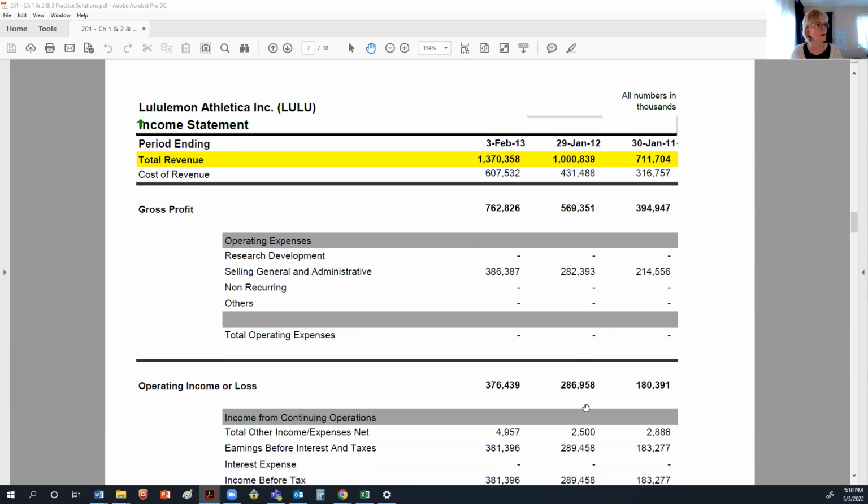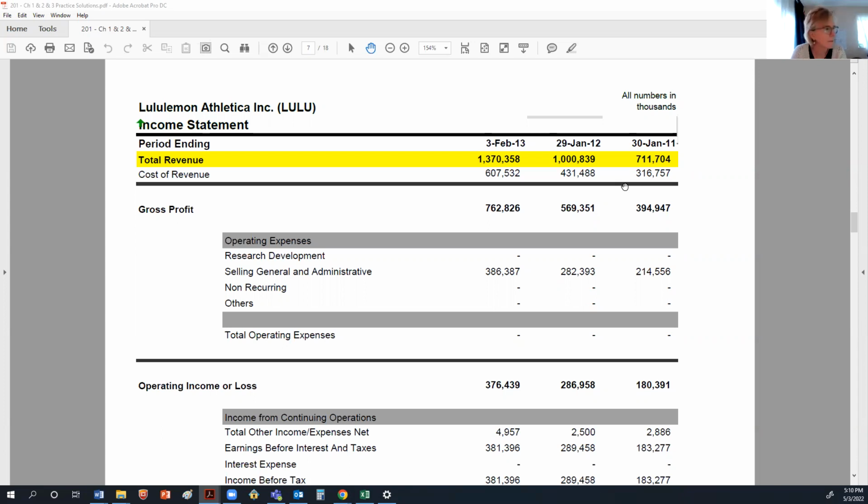Okay, so you will get an income statement and a balance sheet on the exam, and you'll be asked to do a quick trend analysis. I know you guys haven't done that before, so it's pretty straightforward. I have you do a very, very simple trend analysis.